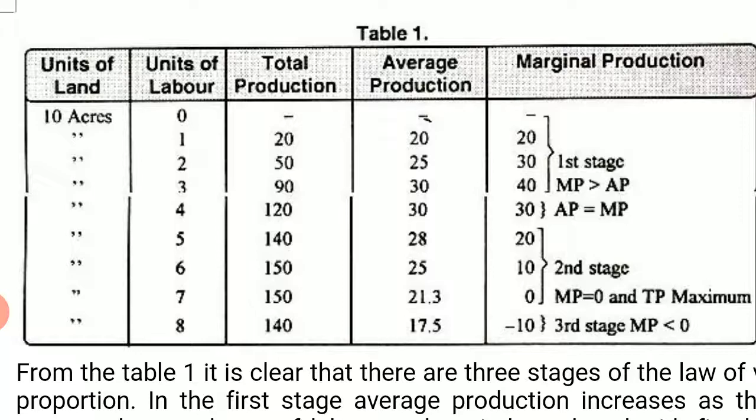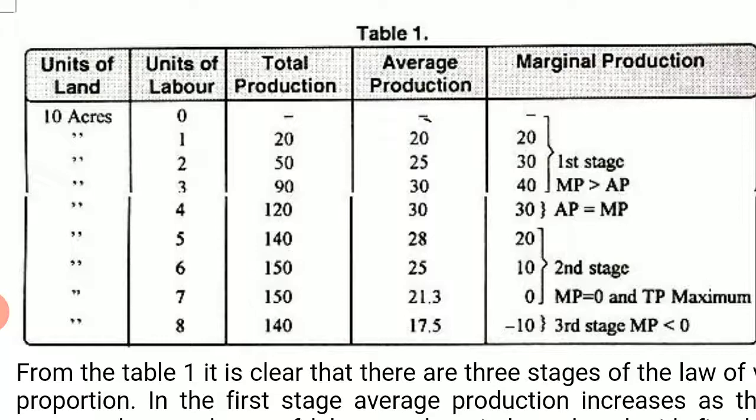Firstly 20, when the first unit of labor is 1, it is 20. When the unit of labor is 2, it's 50. Now the difference between 50 and 20 is 30. Similarly, again an additional unit is added, total production is also increasing, and the difference between 50 and 90 is 40. Similarly, we get all the marginal production values.